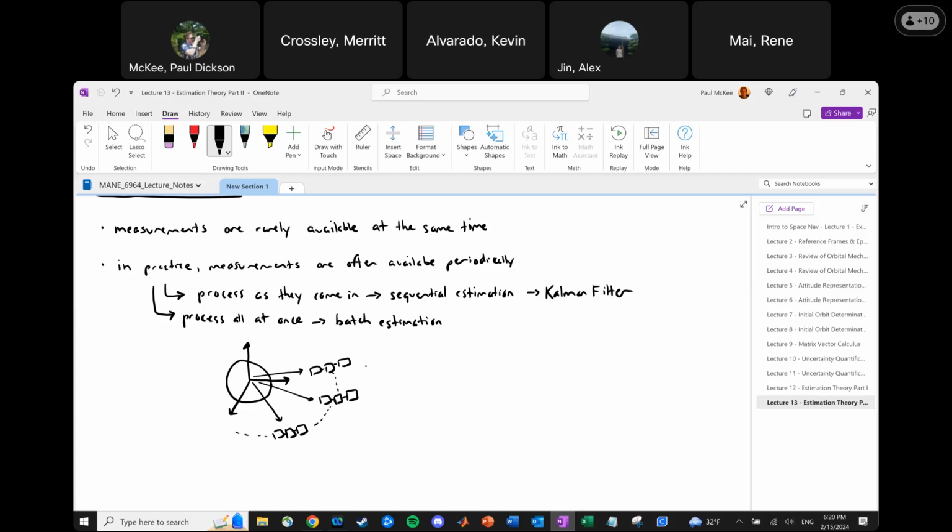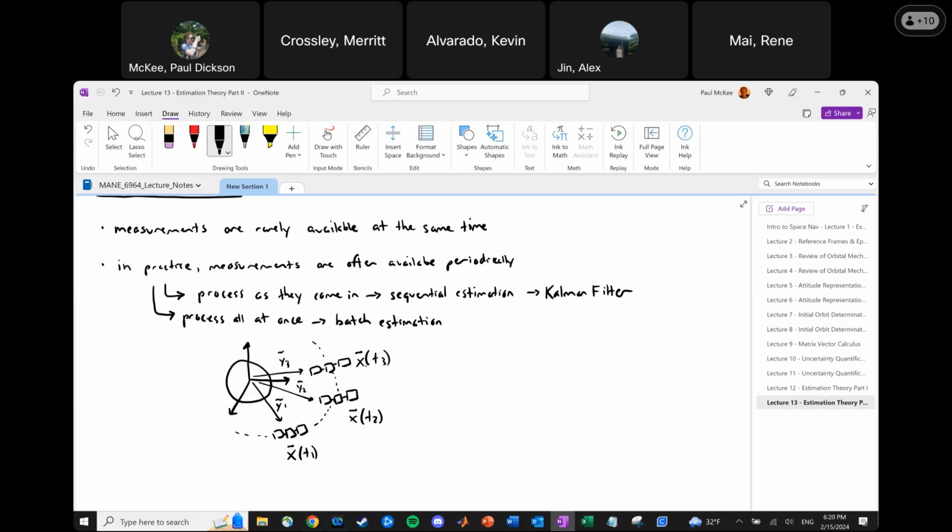So let's say that the spacecraft has some state at time t1 and some other state at time t2 and some other state at time t3. And we've got some measurement, which we're going to call y1, and some measurement y2, and some measurement y3. And the problem is you are not measuring the same state.